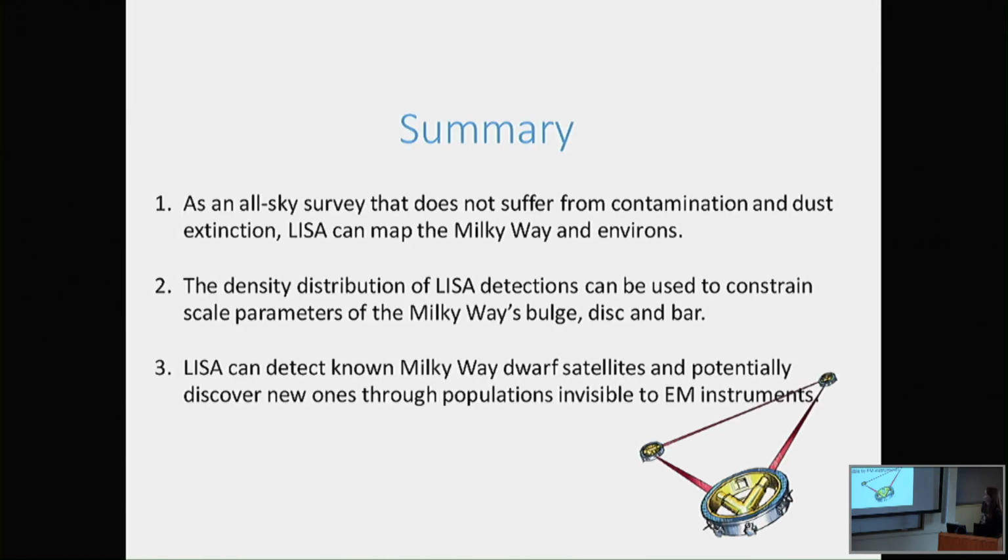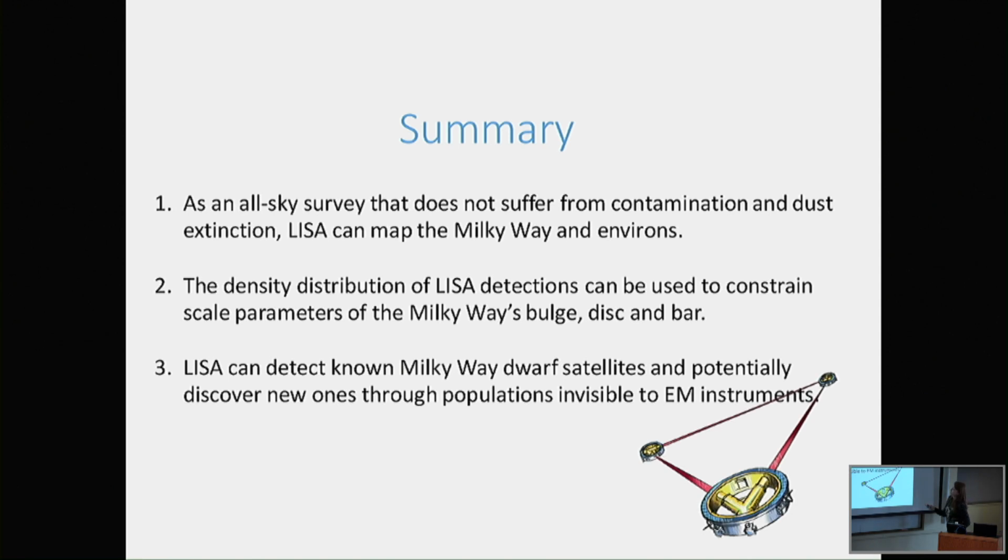So to conclude, I just want to give a brief summary. I showed you that LISA is an all-sky survey. It doesn't suffer from dust extinction and contamination, and therefore it can be used to explore our galaxy and its surroundings.